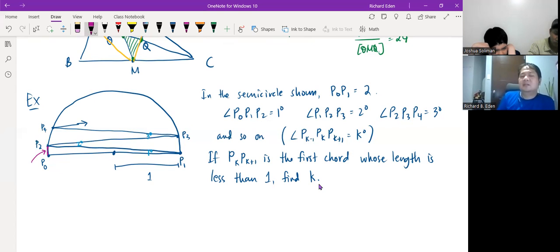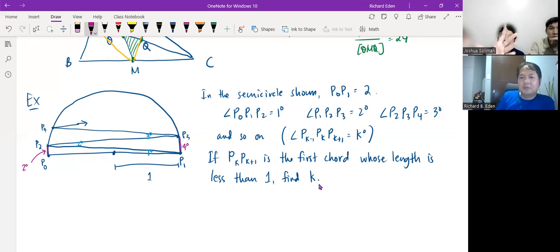What's the measure of that arc? How many degrees is that arc? 2 degrees po. 2 degrees. How about this one? 4 degrees.